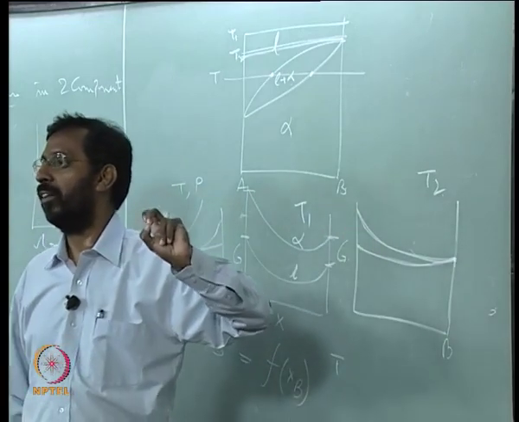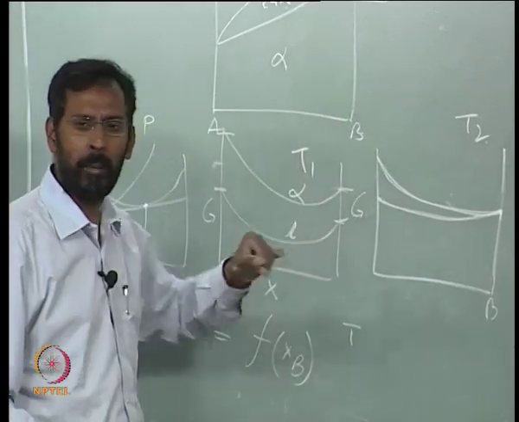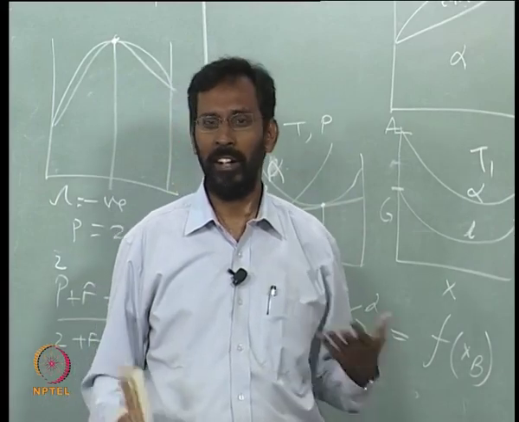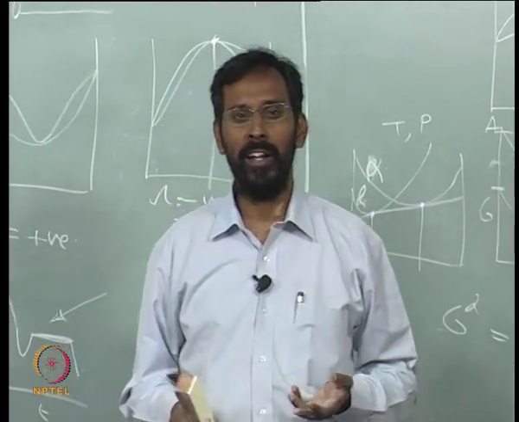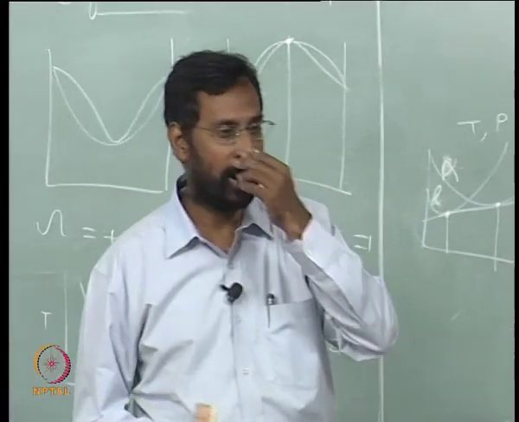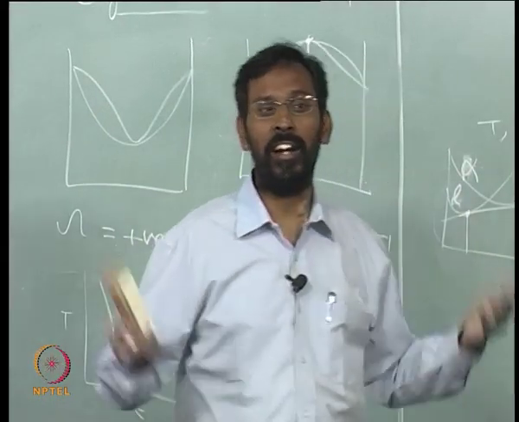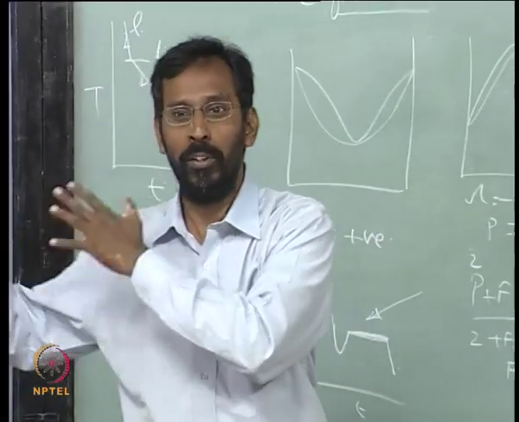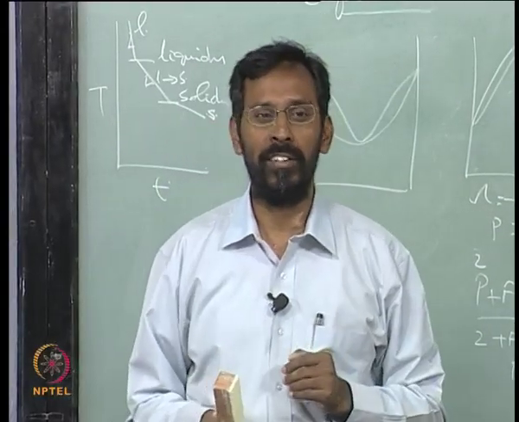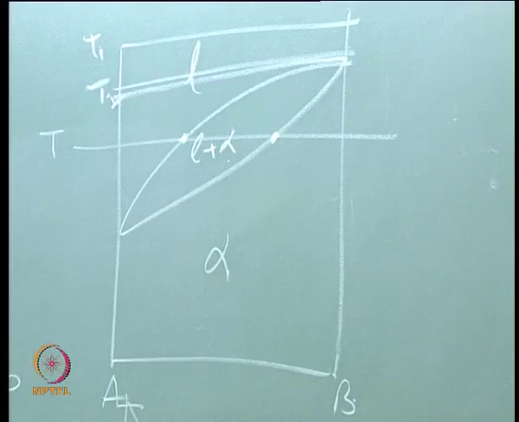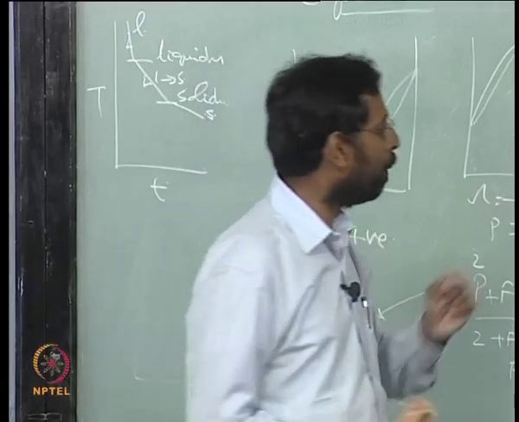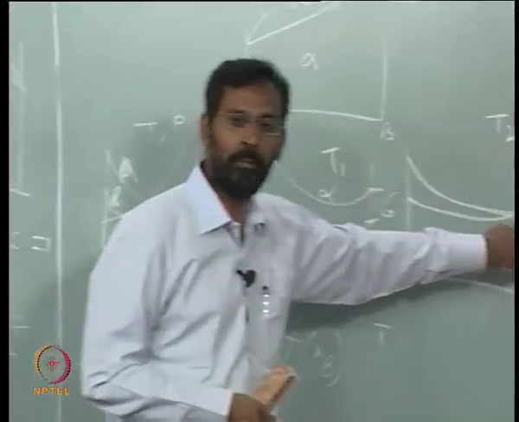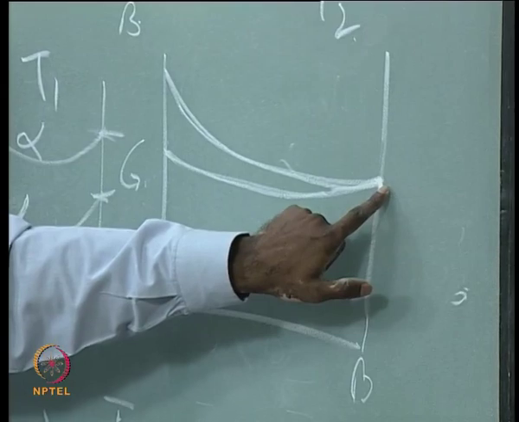If I keep on varying the temperature by every 1 degree and do the same calculation, in fact, large number of people have done. In one of the thermodynamics classes like this, we have generated at least 10 phase diagrams, simply calculating it and proving that what you see in Massalski's handbook is what you actually can calculate. If you vary the temperature every 1 degree and start calculating, you will see exactly when you reach that melting point, these two will meet there.